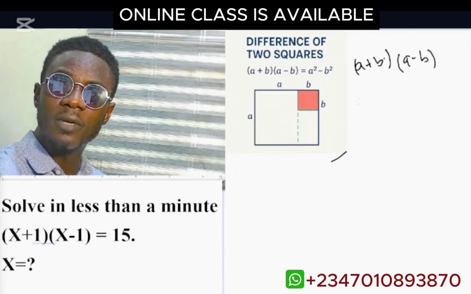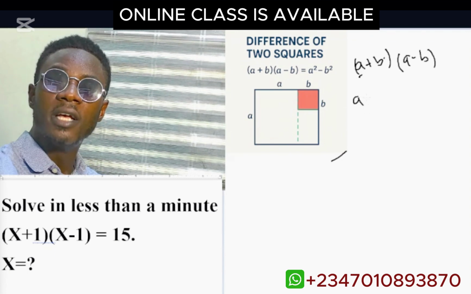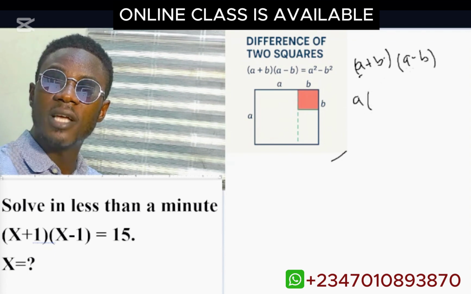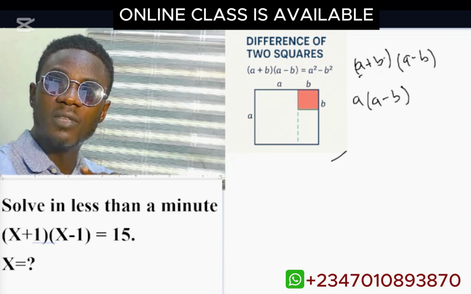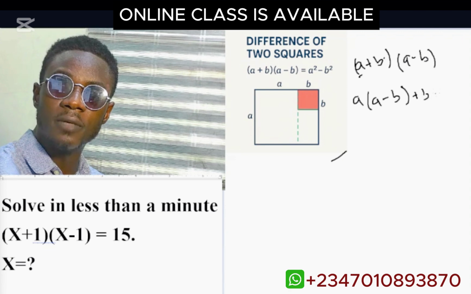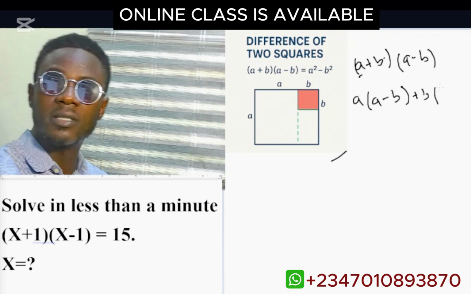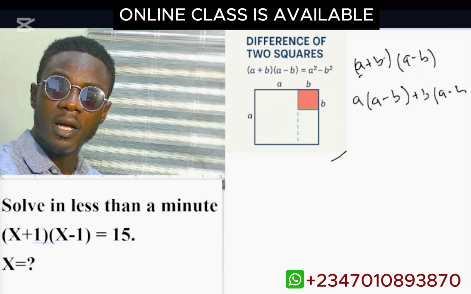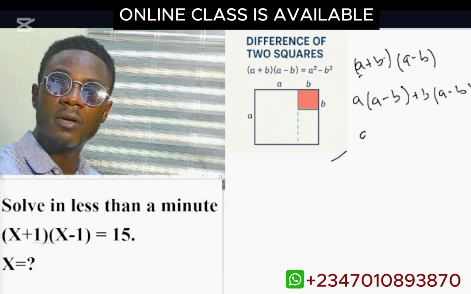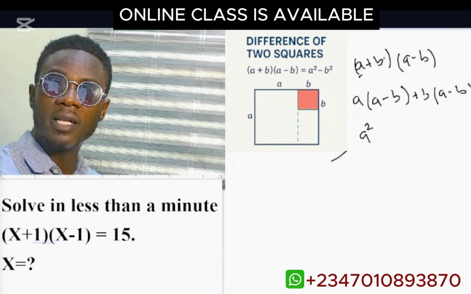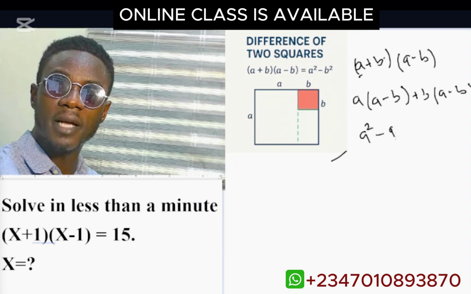Opening this bracket, we take a into the entire bracket, and we have a minus b. Then we take plus b into the entire bracket again, and we have a minus b again. By the time we open up the brackets, we have a times a, which is a squared. A multiplied by minus b gives minus ab.